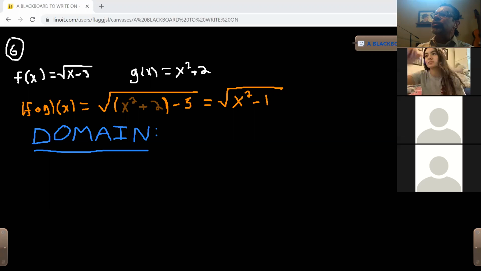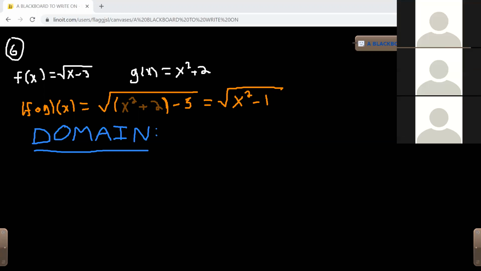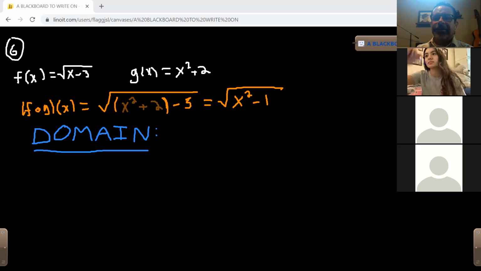But what is a restriction with regards to a root? You cannot have an even root of a negative. Correct. Viviana, okay, you saved Enya. I was asking Enya, but thank you, Viviana. You can't have a negative number within an even root. Okay. Now, what is another restriction of the domain?